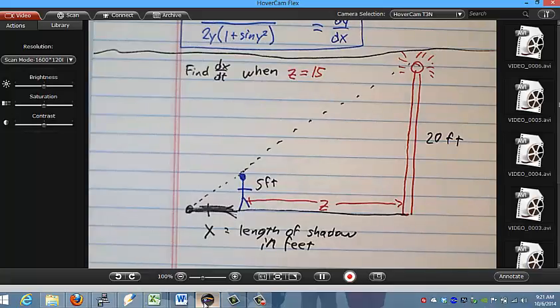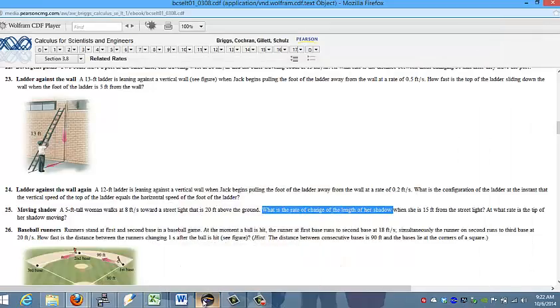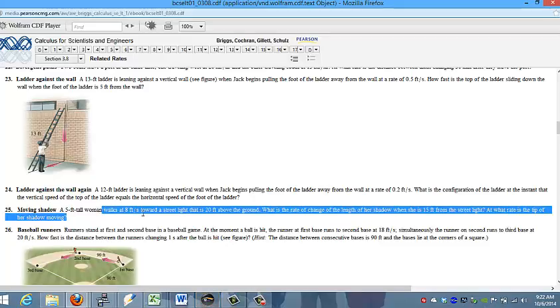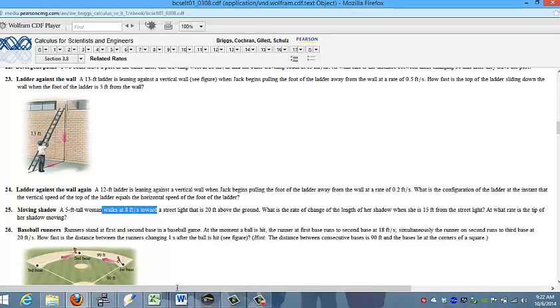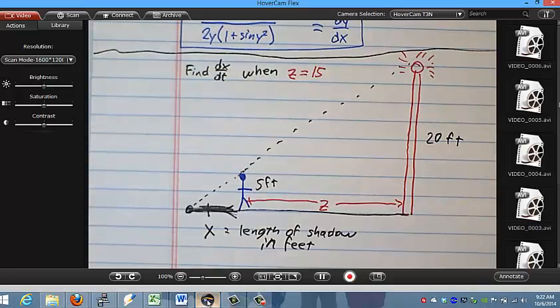Guys with me? And there's only one other thing that they told me in the problem. What's the other piece of given information? Oh, here it is. She walks 8 feet per second toward the streetlight. How would I express that? If she's walking towards the streetlight, what does that mean is changing? Yeah.